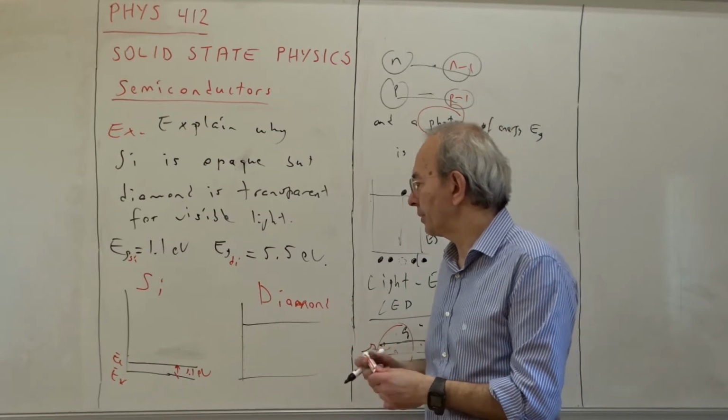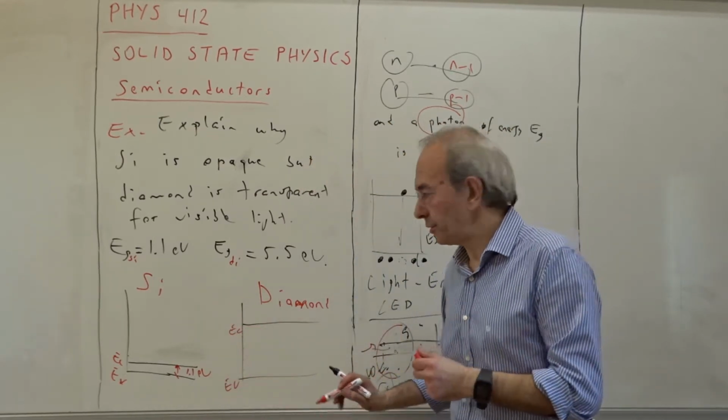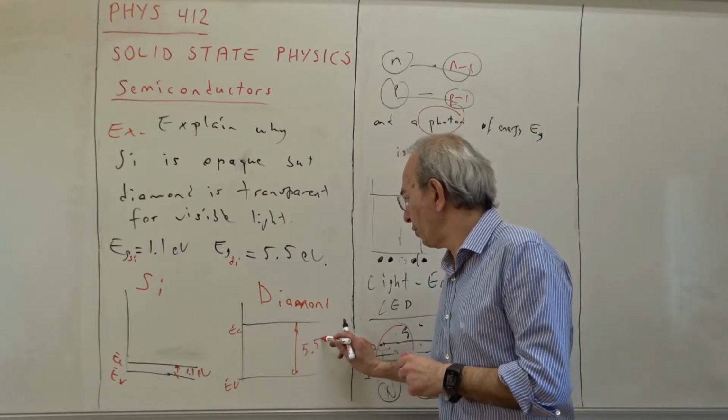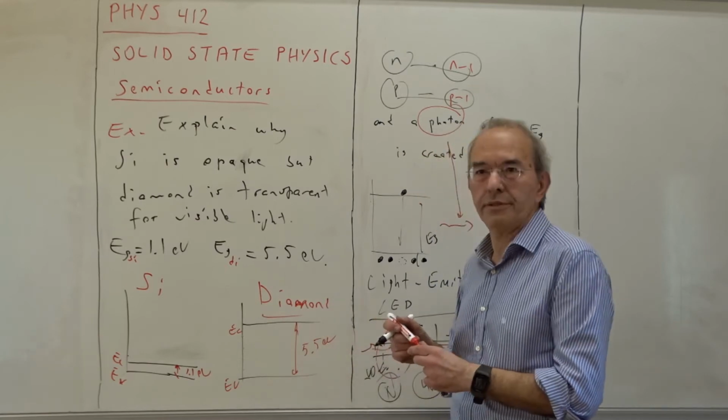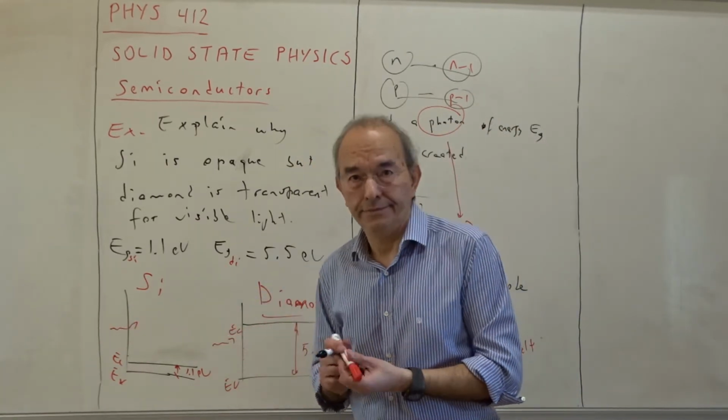Such a gap exists for the case of diamond, and that is around 5.5 electron volts for the diamond. Now compare the light coming in.